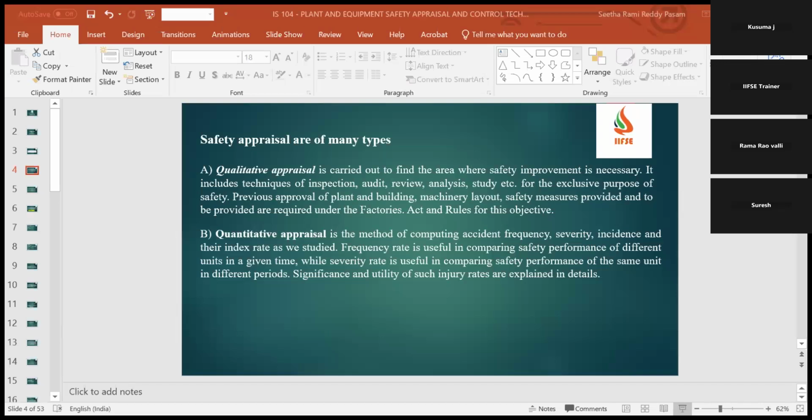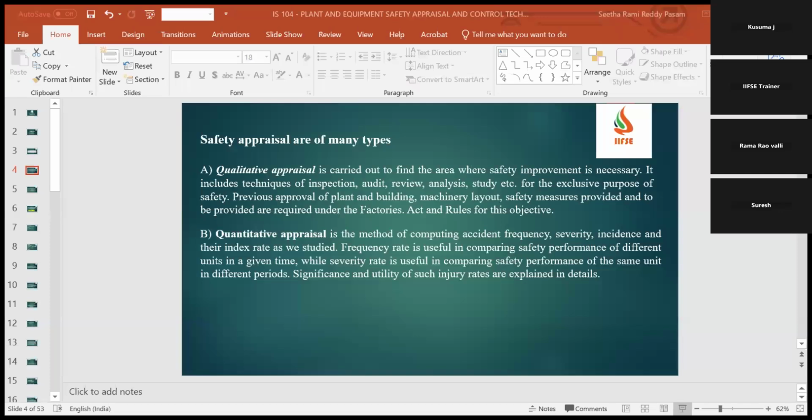Accident investigation, analysis, identifying the key facts, accident potential and causes, and application of remedy are carried out for this objective. So what are the techniques we use? Accident investigation, accident analysis, identifying the key facts, which are the root cause of the accident or potential causes. Then application of remedy, which means implementing the corrective actions. That is corrective appraisal.